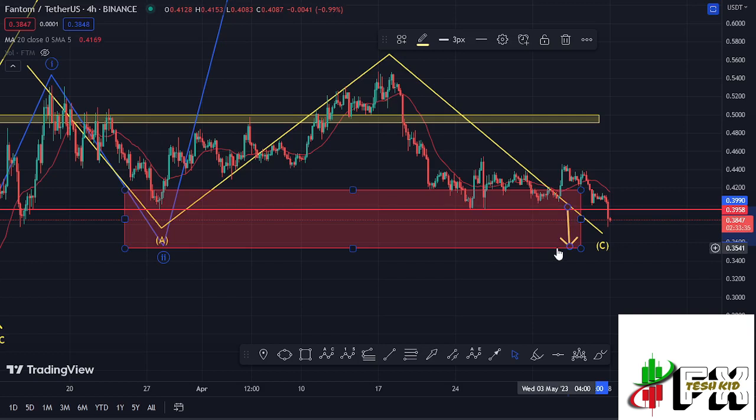So there are high chances that these might not be the low for that second wave, and there are chances that we might continue seeing further breakdown to the area at around the $0.3541 mark. And maybe from that point we can see a reversal, then continue gearing up in the formation of that wave 3.